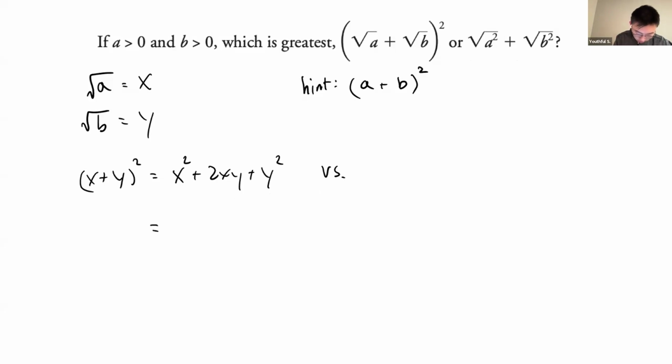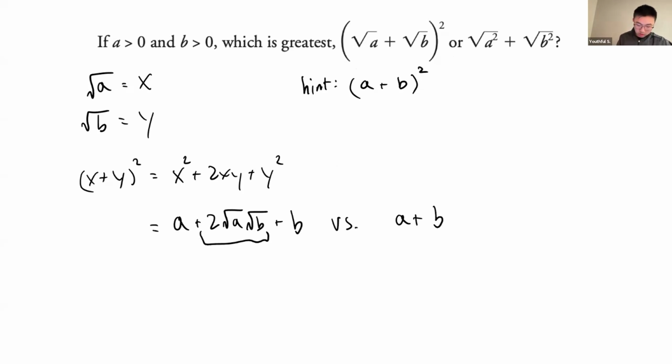So x squared is equal to root a squared, which is a. So a plus 2 root a root b plus b is going to be what this is equal to. So you can quickly get that. And you're comparing this to a plus b.